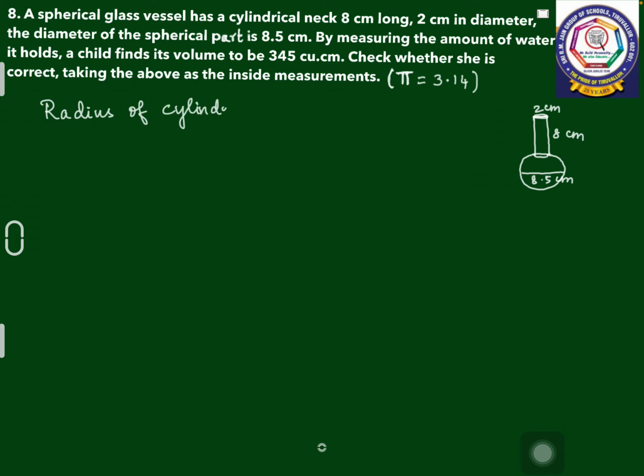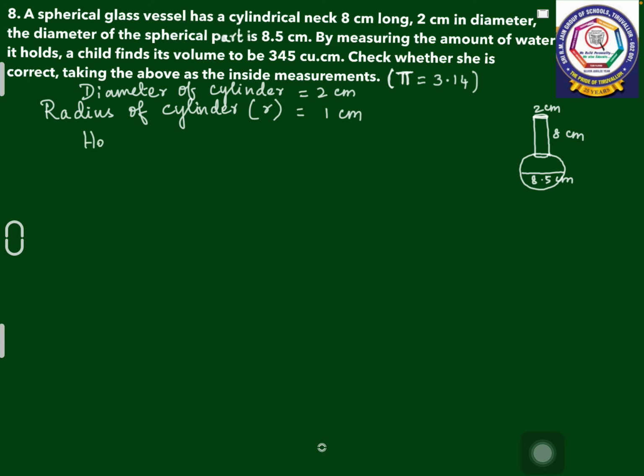So what is the radius of the cylinder? That is smaller in measurement, so I am taking it as small r. Diameter of the cylinder is given as 2 centimeter. So what will be its radius? 1 centimeter.